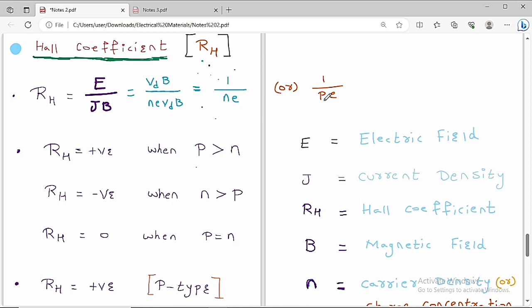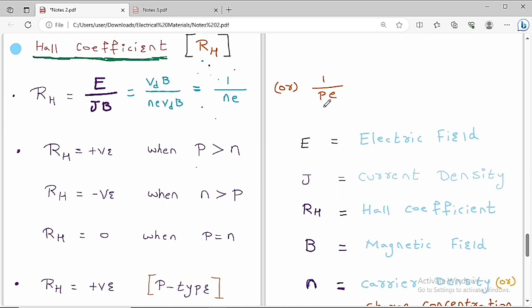Therefore, whenever we know the Hall coefficient, we can figure out the charge density as well as the sign, because N is the electron concentration and P is the hole concentration. Electrons are negative and holes are positive. So we can even know the sign also.